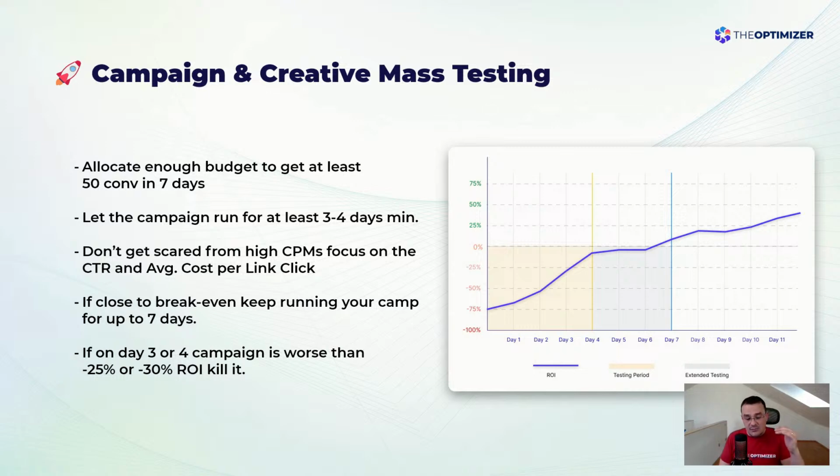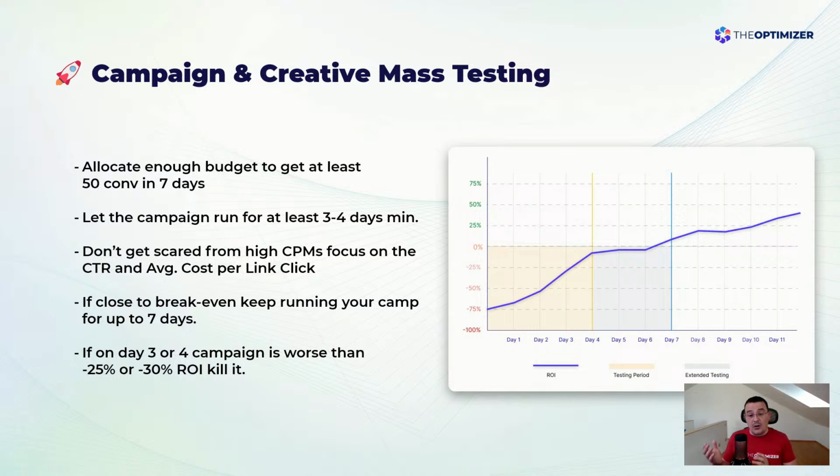So instead of focusing on CPM, focus on average cost per link click, which is what you care about when it comes to sending visitors to your landing page or to your funnel. If your CTR is good and your average cost per link click is acceptable, why care? You don't. It doesn't make sense to worry much about the CPM.